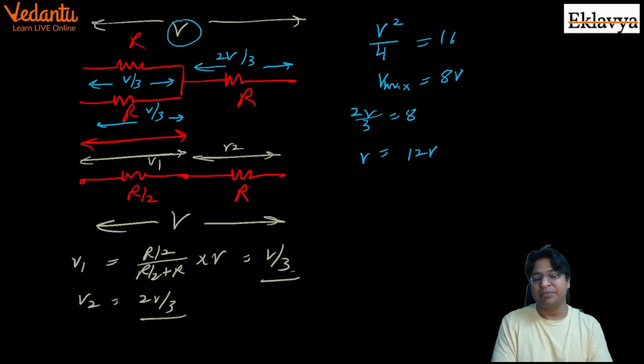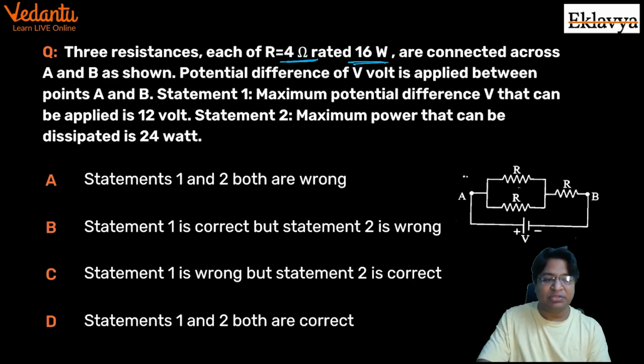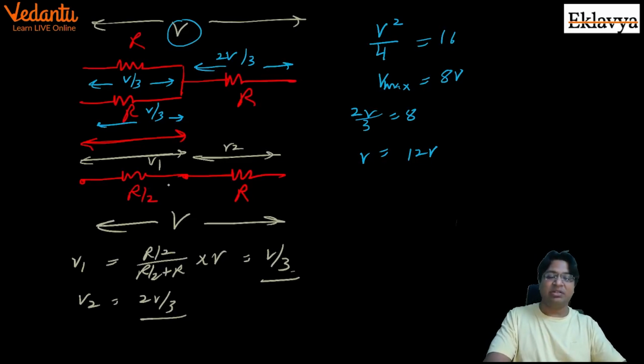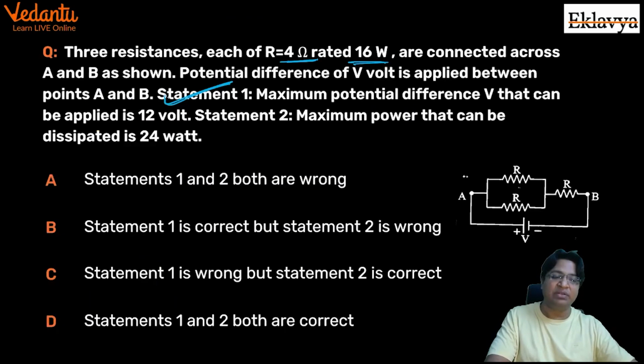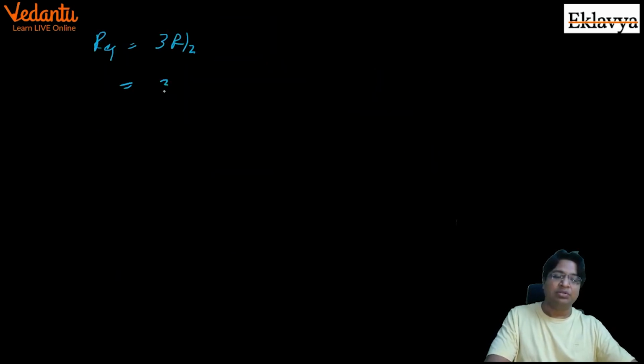So coming back to the options, statement 1 says maximum potential difference V that can be applied is 12 volts. So statement 1 is correct. Statement 2 says maximum power that can be dissipated. Now, guys, the equivalent resistance here is 3R by 2, and R is given to be 4 ohm. So 3 into 4 by 2, that's 6 ohm.